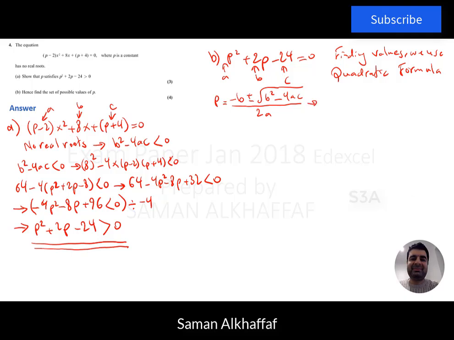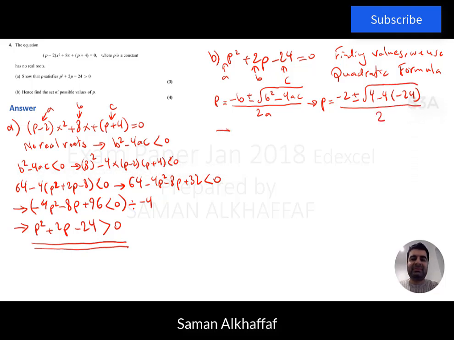That will give us p = (-2 plus or minus the root of 4 - 4 multiplied by -24) all divided by 2.